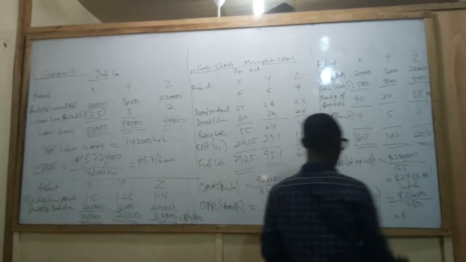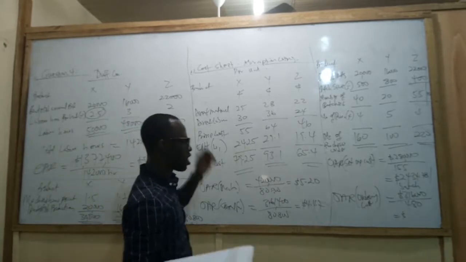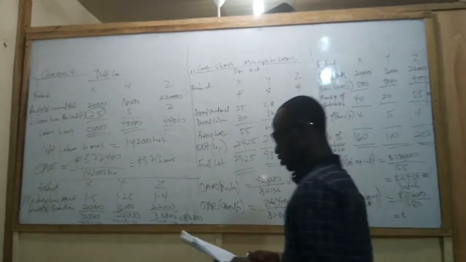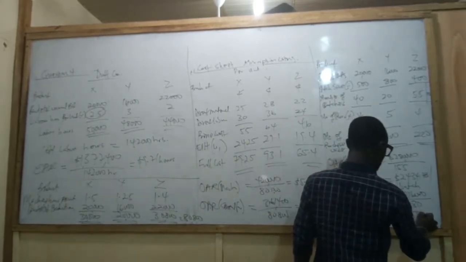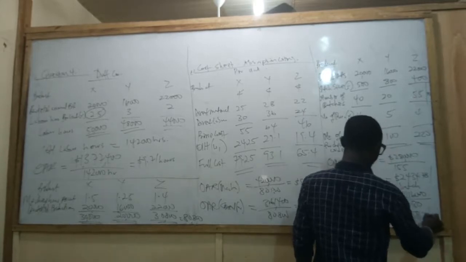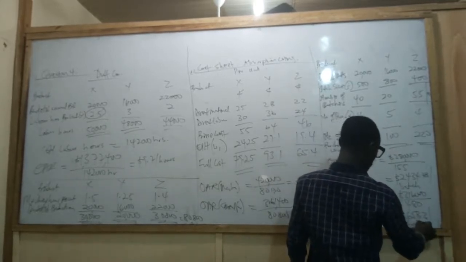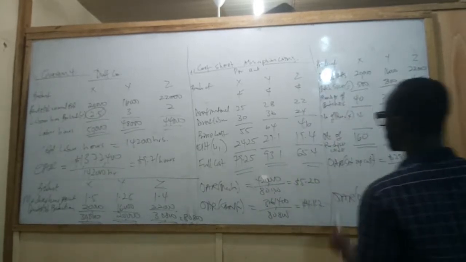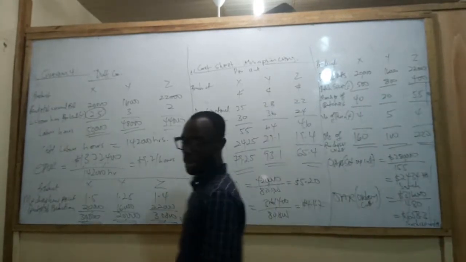So what do we have? 658.3 per what? Per purchase order. So put it down and then let's do the absorption cost.